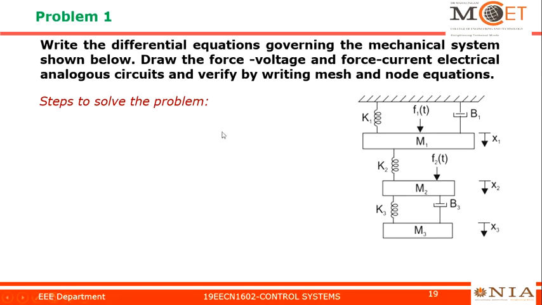For both the cases, draw the electrical network and write the mesh equation for force voltage, node equation for force current. That mesh equation and node equation should be identical to the differential equation written in the mechanical system.